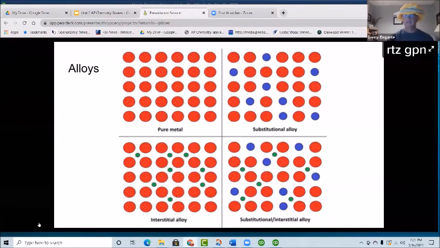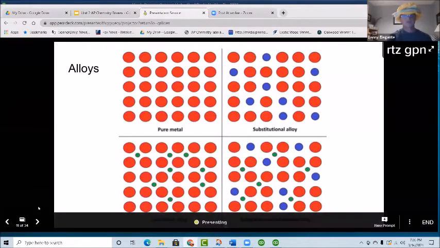And then an interstitial alloy is where one metal atom is much bigger than the other. And when one metal atom is much bigger than the other, it creates spaces where the smaller one can get packed in. And you can see that in the slide deck that I'm sharing with you. So just know the difference between substitutional and the other one, which the name escapes me.